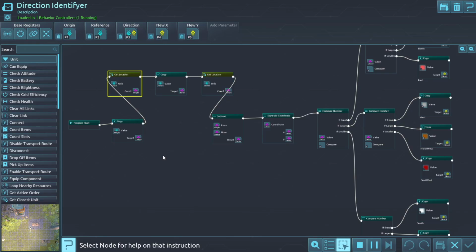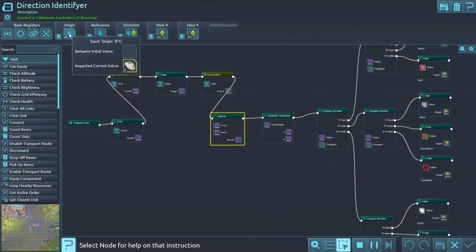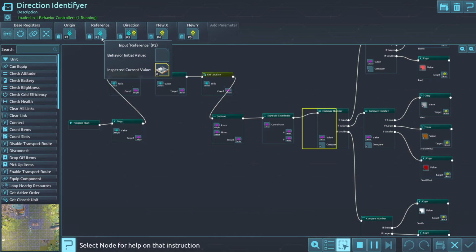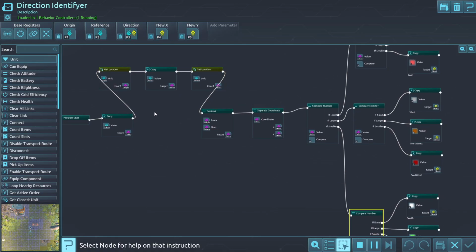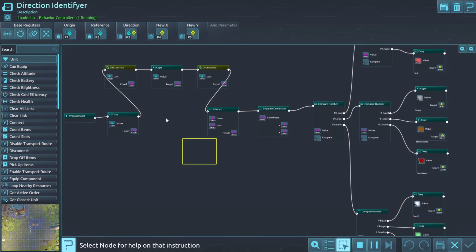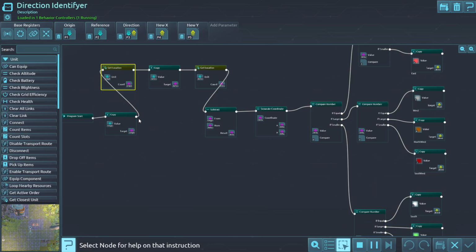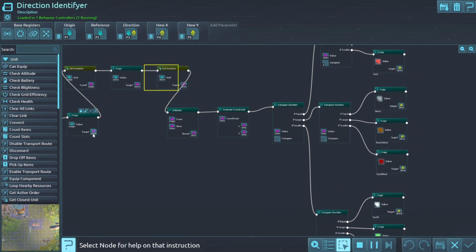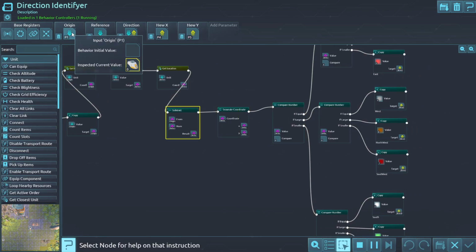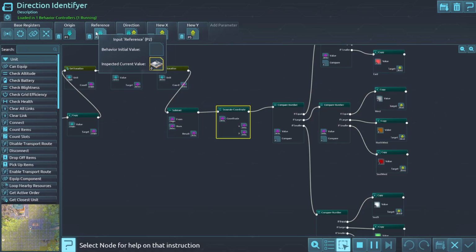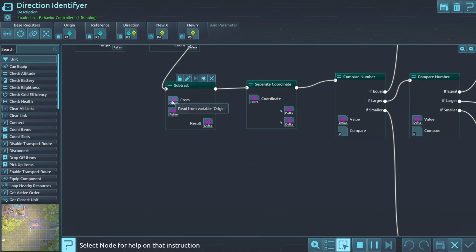So what I would recommend is actually to take this safeguard out and always just feed coordinate references. But if you don't want to necessarily bog yourself down with that, you can go ahead and keep this safeguard here. If you were to skip this safeguard, then you could actually just pull the origin and the reference directly down into these locations where the origin and reference are.